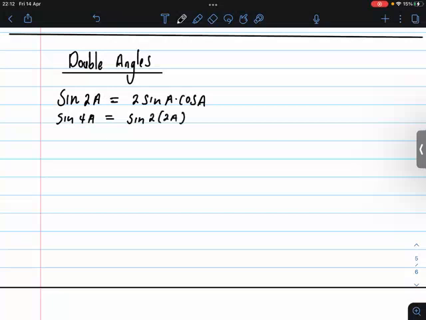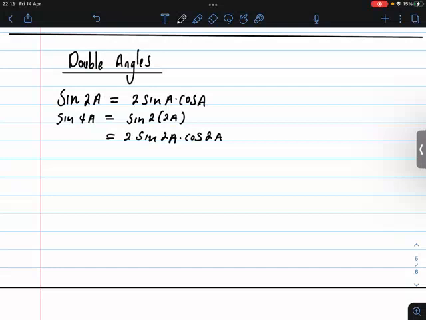Do you see that? So instead of having an A here, you're going to have 2A. It's basically the same thing. You're going to have 2 sine 2A, and then cos of 2A. Are you happy there?